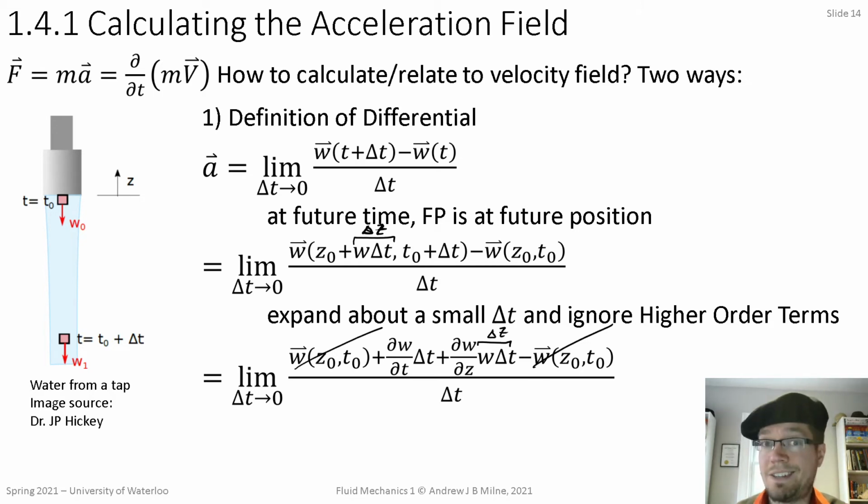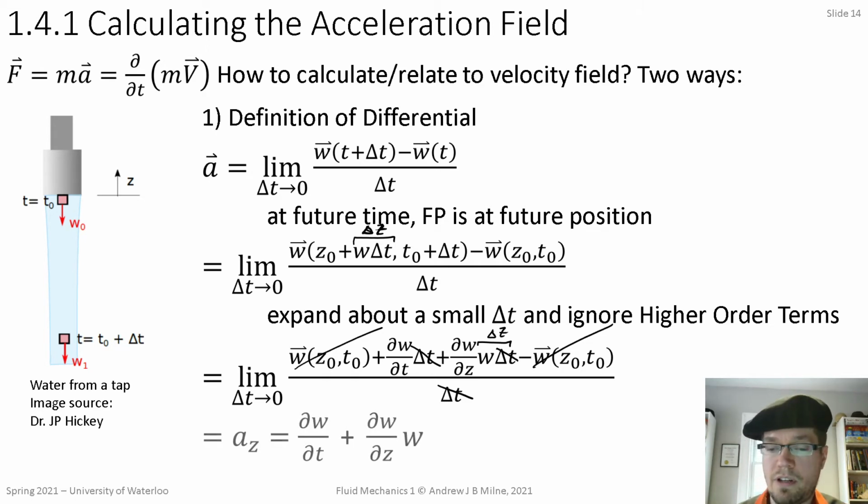We've also got a delta t everywhere, so we can cancel out delta t on the top and delta t on the bottom. And so what we're left with is acceleration, by the basic definition of any differential, is dw by dt plus dw by dz times w. So it's the change in velocity with respect to time plus the change in velocity with respect to position times the change in position with respect to time.